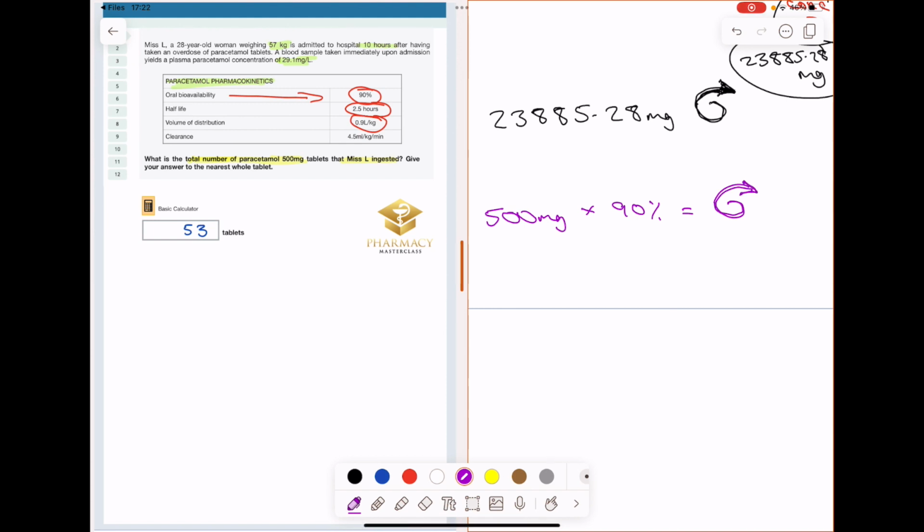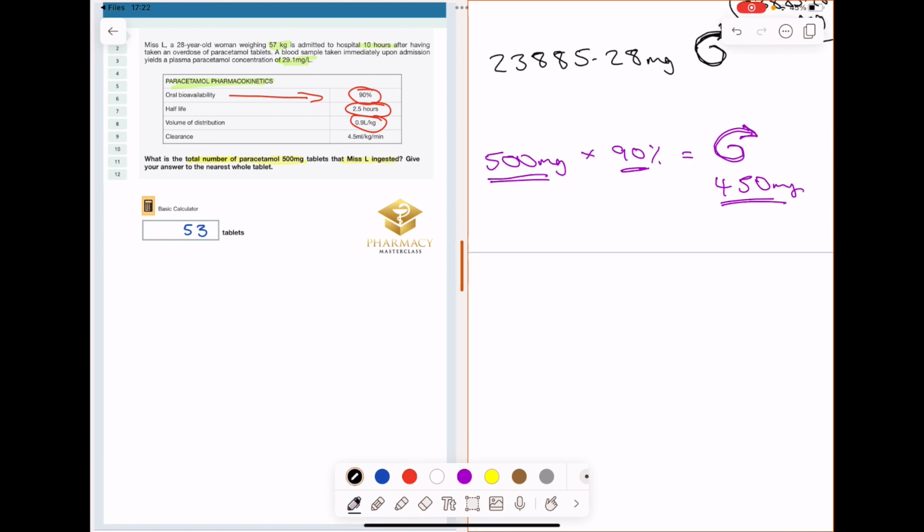So I'm going to do 500 on my calculator times 90%, which gives me an answer of 450 milligrams. So again, they might have ingested a 500 milligram tablet, but due to this 90% bioavailability, there is only 450 milligrams circulating in the system.